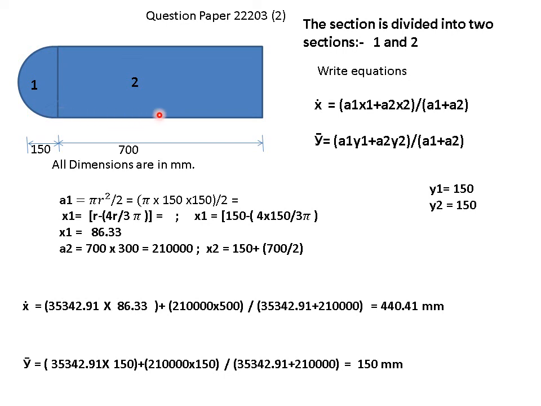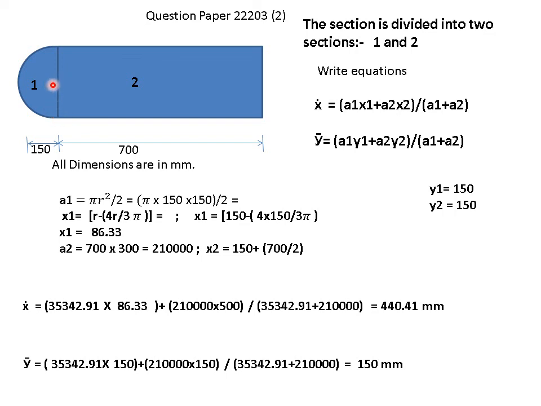Its total length is 700 mm, so the center will lie at 350, somewhere here. So 350 from this point, but I want the total distance from this point. So 150 plus 350. That is your x2. So y1, as I told you, from this extreme base, the center will lie at 150 mm.